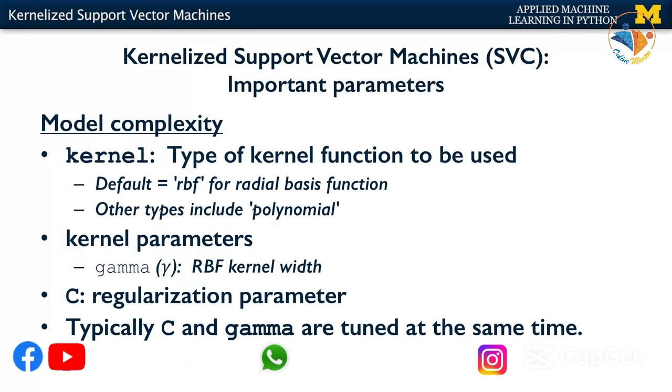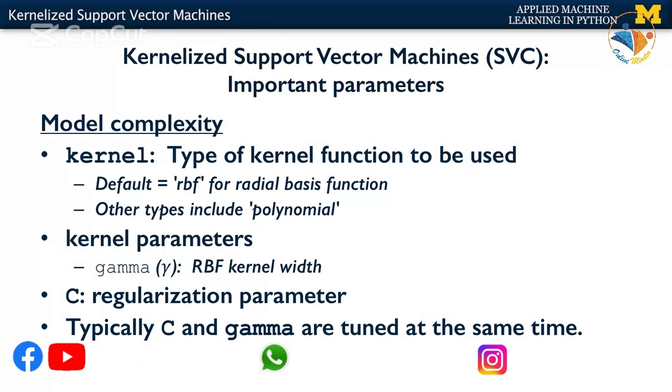As a reminder, there are three main parameters that control model complexity for kernelized SVMs. First, there's the kernel type, which defaults to RBF for radial basis function, but several other common types are available in scikit-learn's SVC module. Second, each kernel has one or more kernel-specific parameters that control aspects like the influence of training points according to their distance.